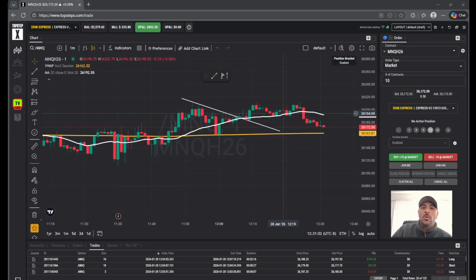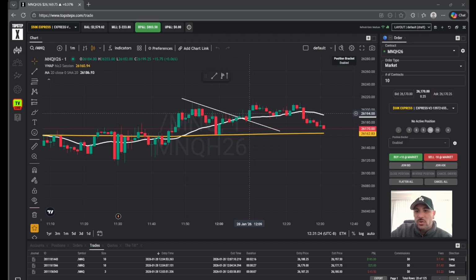What I like to do on my longs on break and retest is, for the candle that's retesting, I want to see a following candle confirm the previous candle high. So here's the break, here's the retest. I want to enter here on the confirmation candle that is confirming over the retest candle.